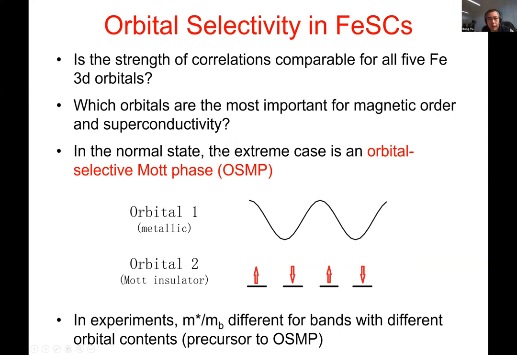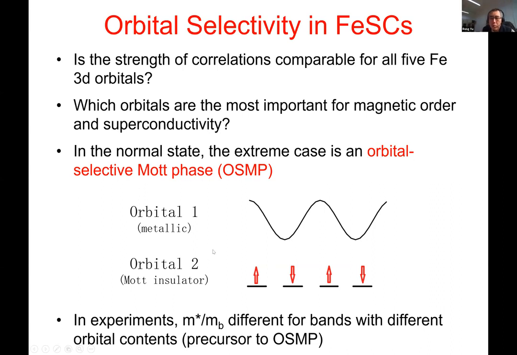So we first focus on the normal state properties. In general, if we consider a multi-orbital system, say a two-orbital system, and there are very strong orbital dependent electron correlation effects, we say this system has a very strong orbital selectivity.